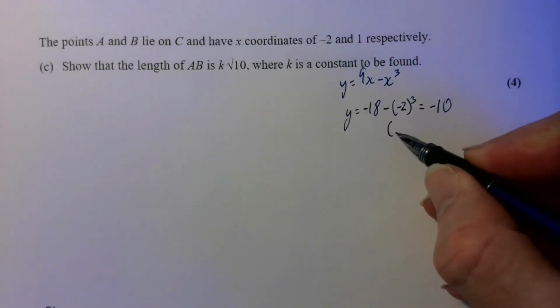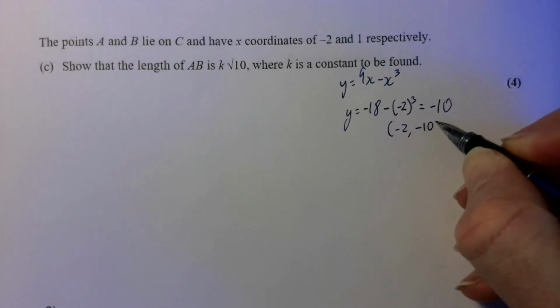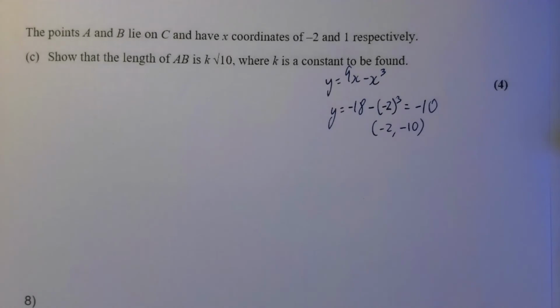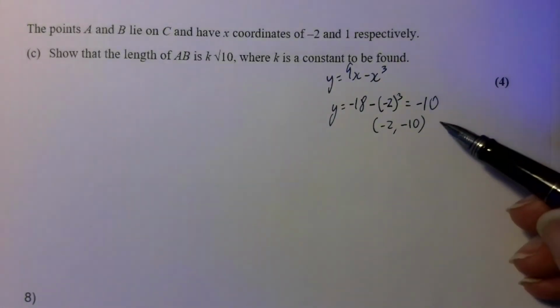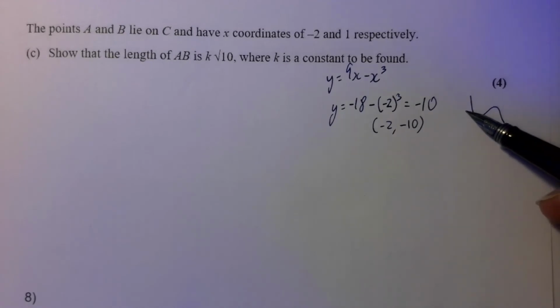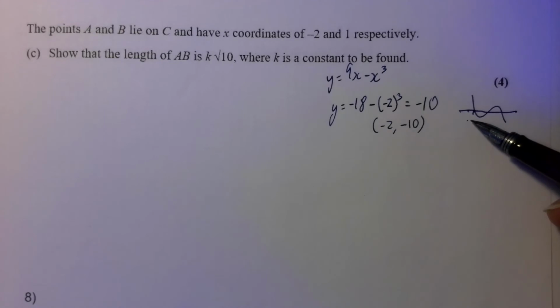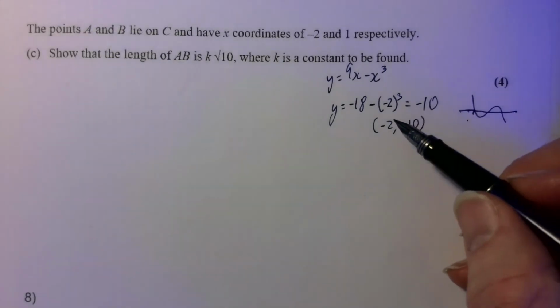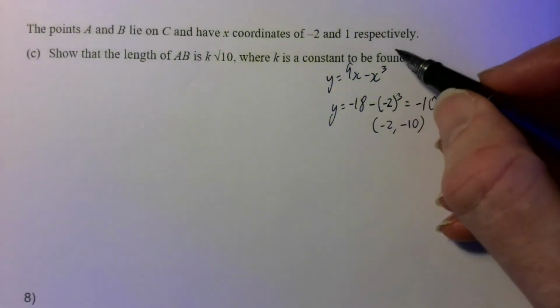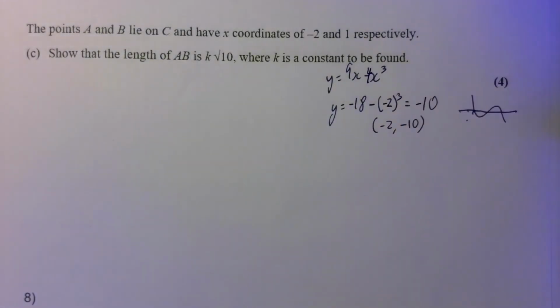And so that's going to give us -2, -10. Now that seems wrong because I know that my curve was doing this, wasn't it? And that was at -1.5, so it's got to be positive. What have I done wrong here? What's my original? Oh, hang on, it's not x, it's minus 4x cubed, isn't it?